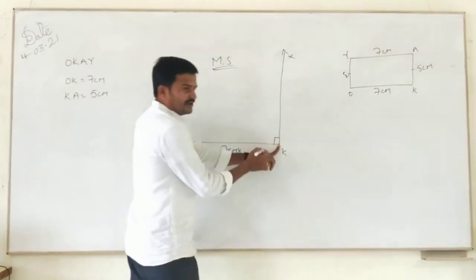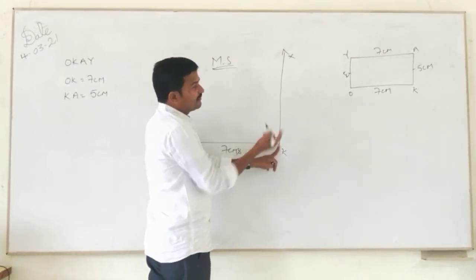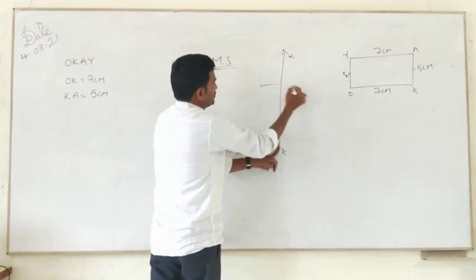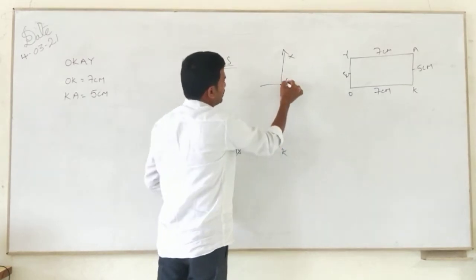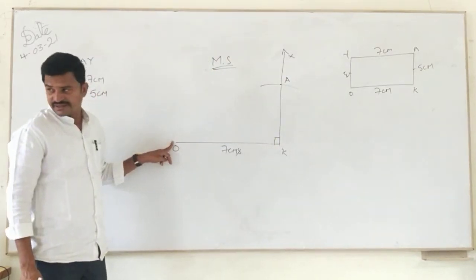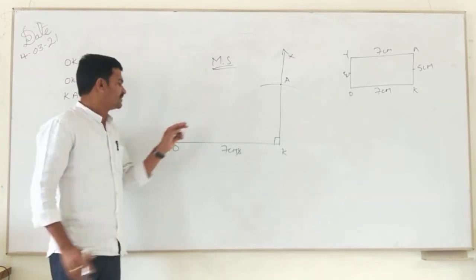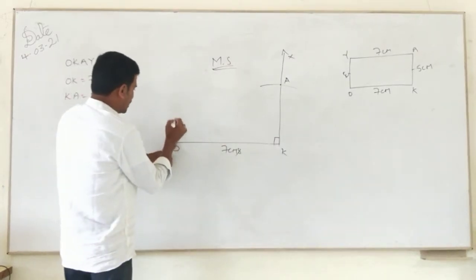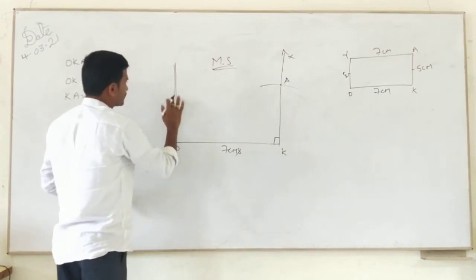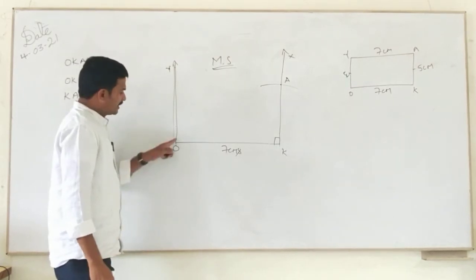Now take your compass and draw an arc of 5 centimeters radius from K, because that side is 5 centimeters. This is A. In the same way, here also it is 90 degrees only, because in a rectangle all the angles are 90 degrees. So here also draw an angular ray of 90 degrees, OZ.